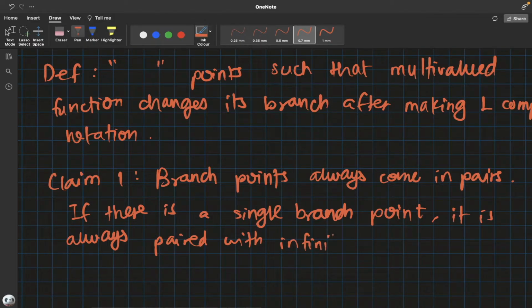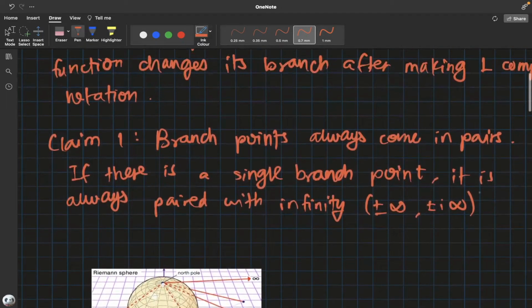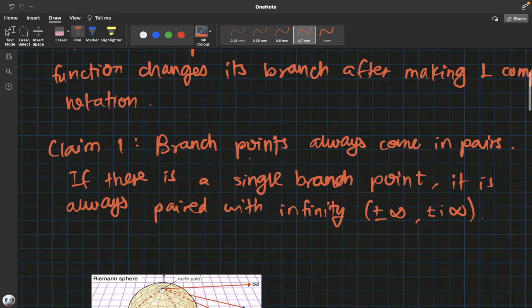Well, now a good question is, what infinity? Plus infinity, minus infinity, or the imaginary infinities, plus and minus? Well, it actually doesn't matter. Why does it not matter?